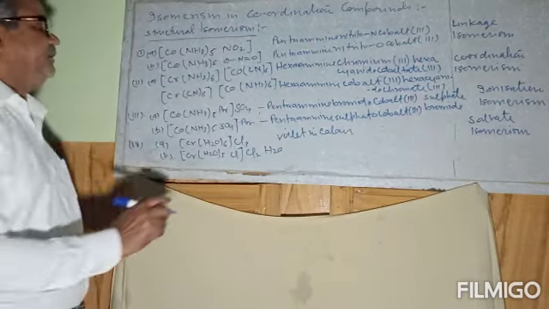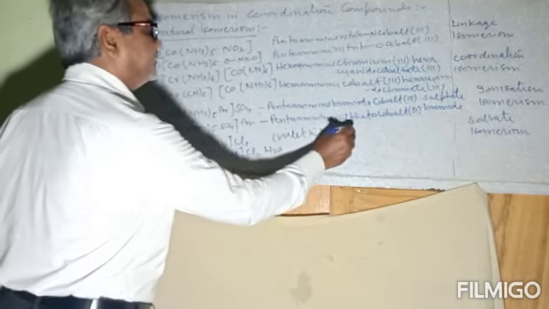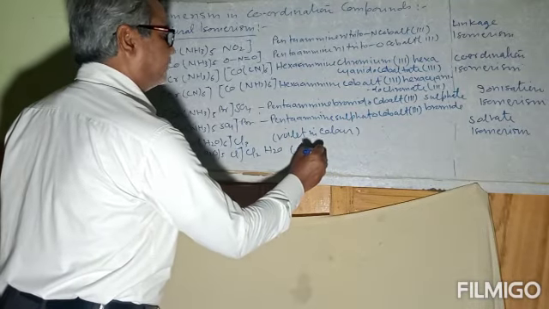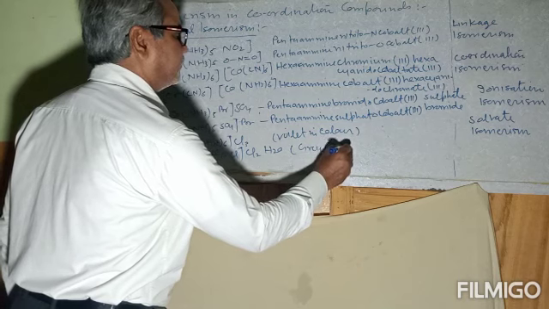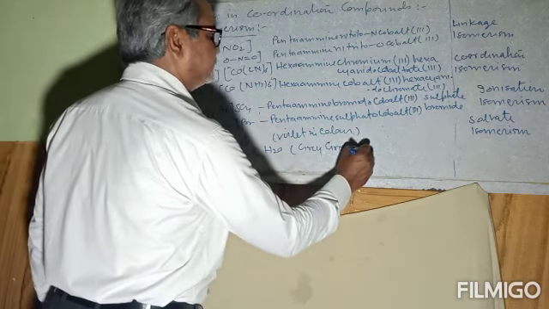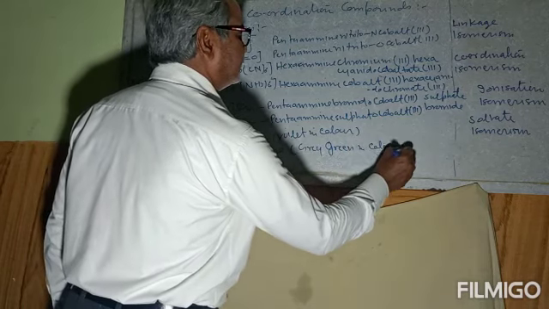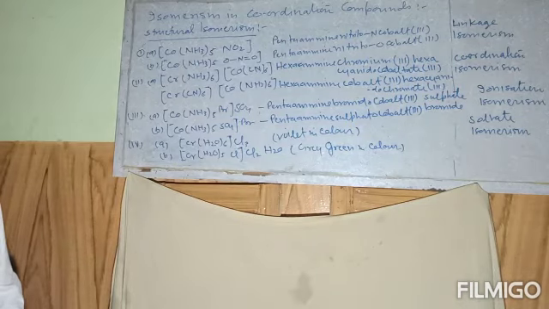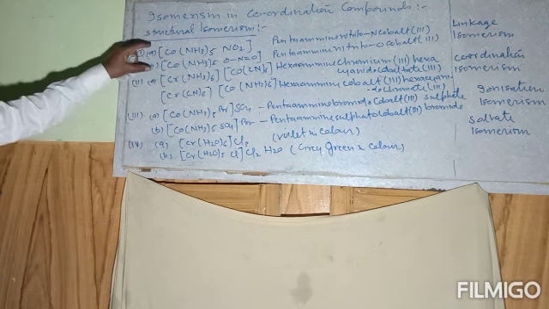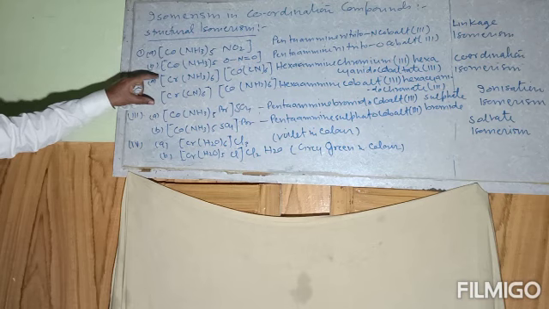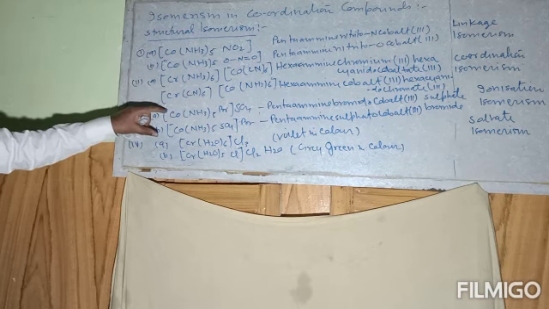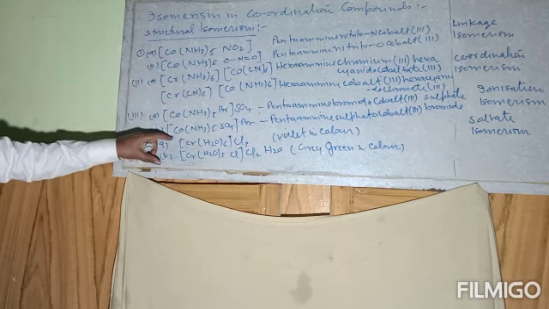And this compound is grey-green in color. So this is all about structural isomerism shown by coordination compounds: linkage isomerism, coordination isomerism, ionization isomerism, and solvate isomerism.